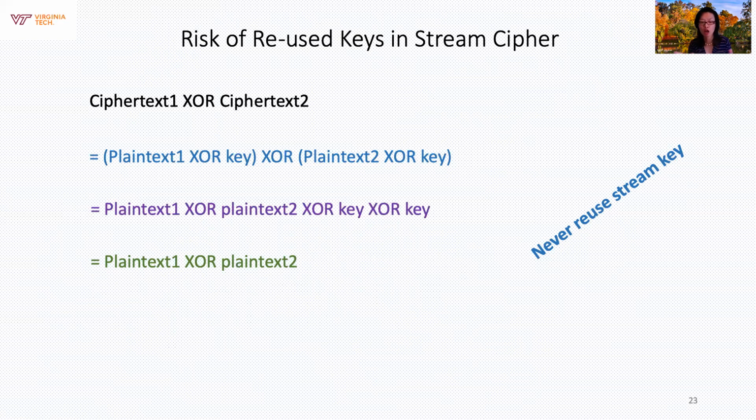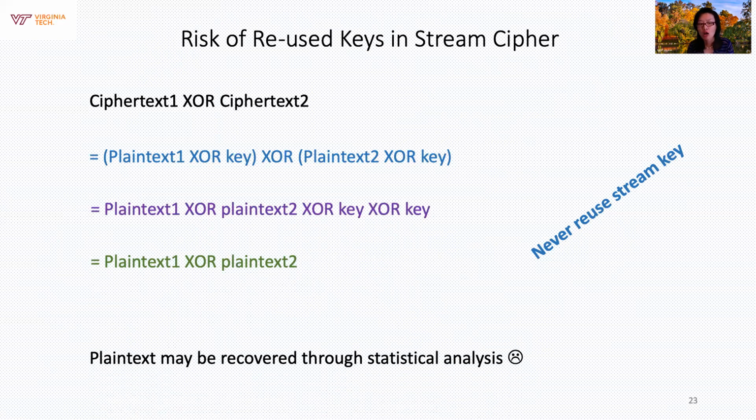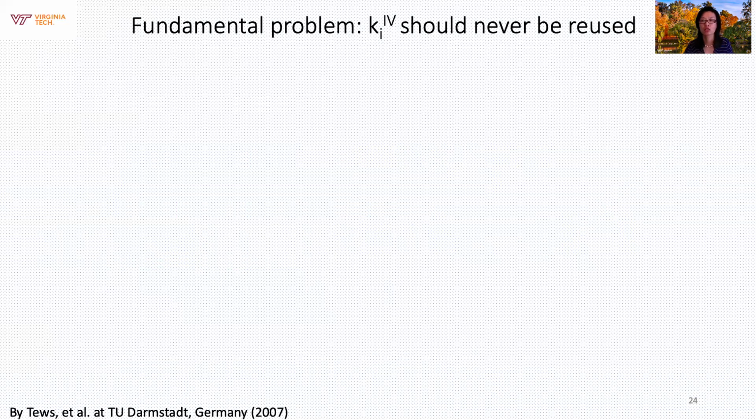If they come very close, they must be under the same key, or you just have some knowledge that the key may be the same. Even if the plain text is not the same, you can use some statistical analysis to get additional knowledge.